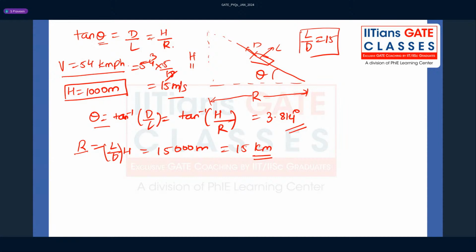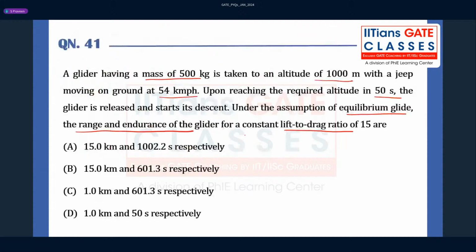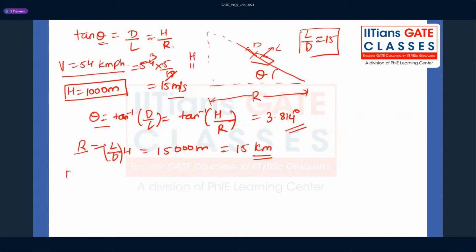So what about my time? Endurance is basically time, right? How will you determine the time? It is basically the height divided by the vertical velocity, which we call the sink speed. Sinking is how far it goes down.